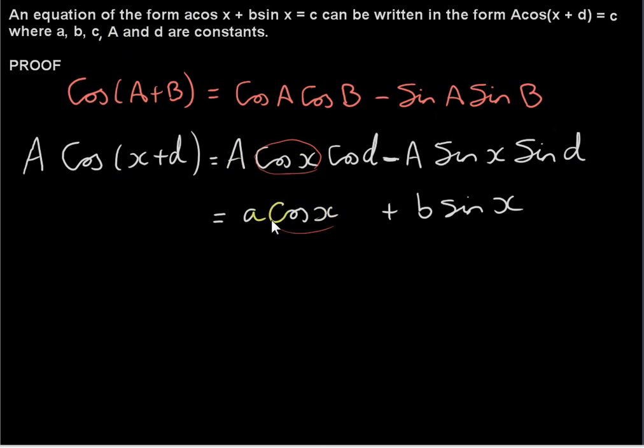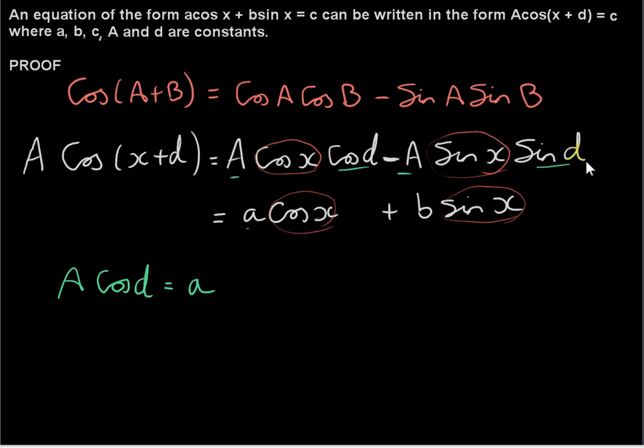Of course we have the cos x here and sin x here. So you can see that we want A cos d to equal small a. So I'll write that down. And we want minus A sin d to equal small b.